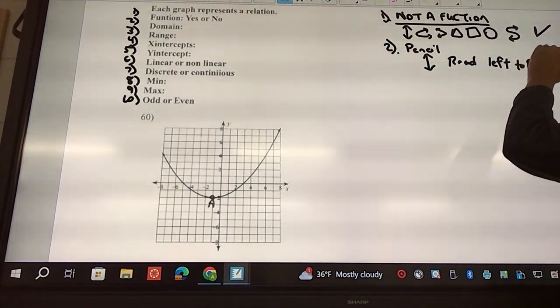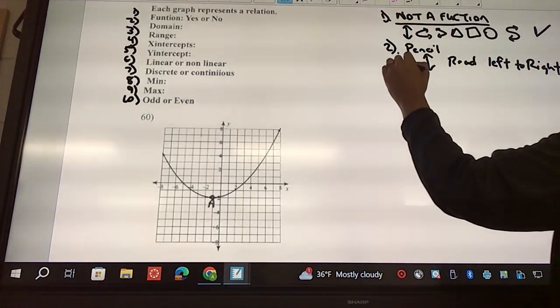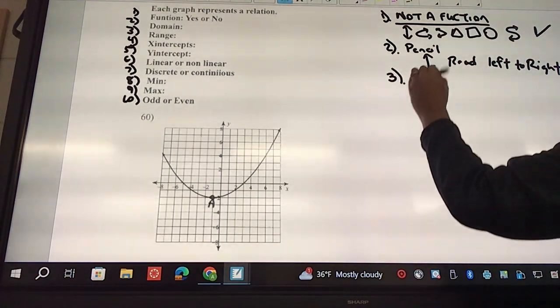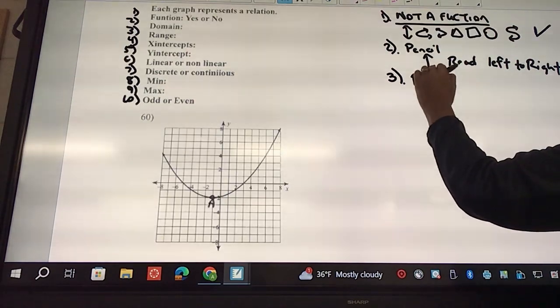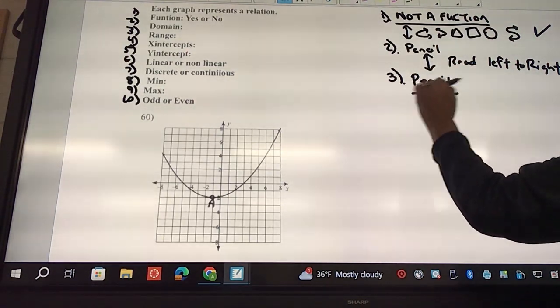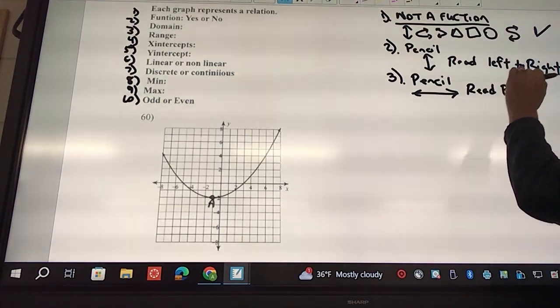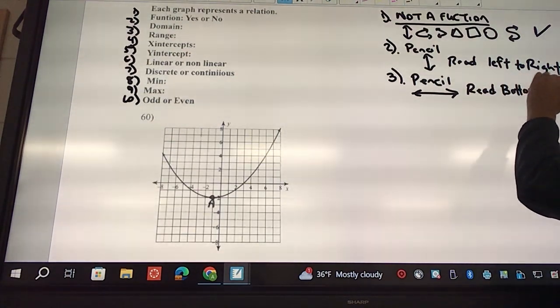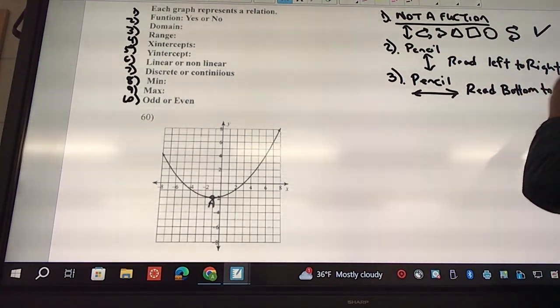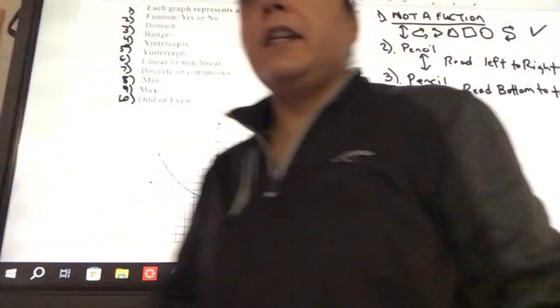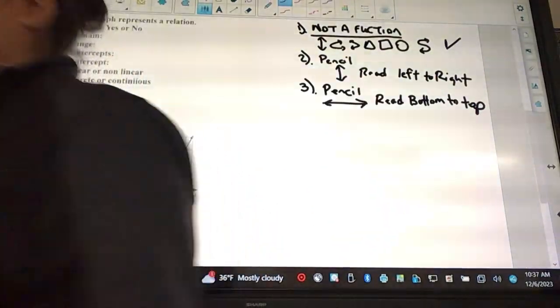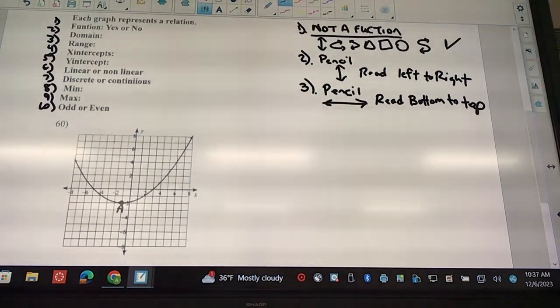And again, if you don't need these notes, then don't worry about it. Number 3, for the range, our pencil goes this way, and we read from the bottom to the top. And we've talked about it, but what does an arrow mean? Infinity. So make sure that you remember that part.